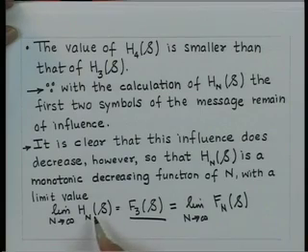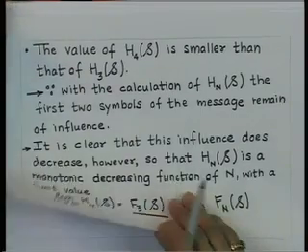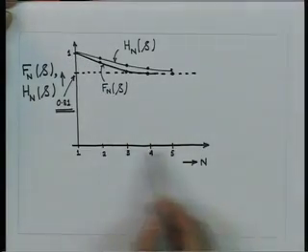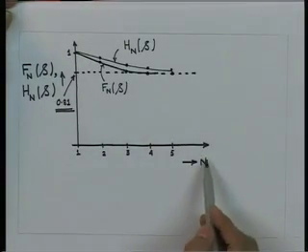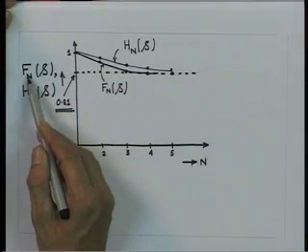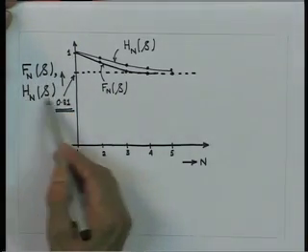Now, if you plot the values of HNS and FNS as a function of n, what you will get is this graph. It is interesting to examine it. On the x-axis I have the increasing value of n, on the y-axis I have plotted FNS or HNS.